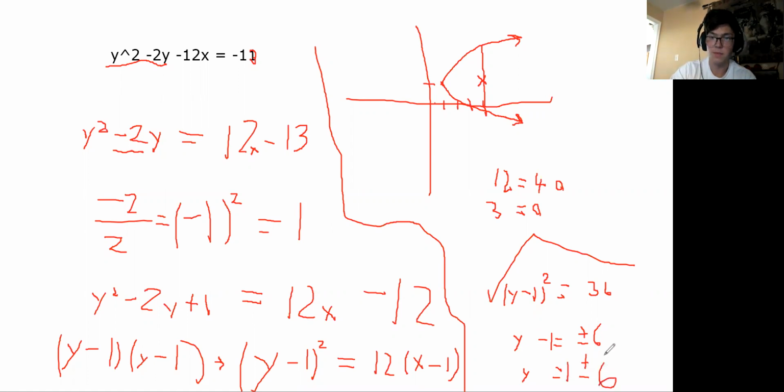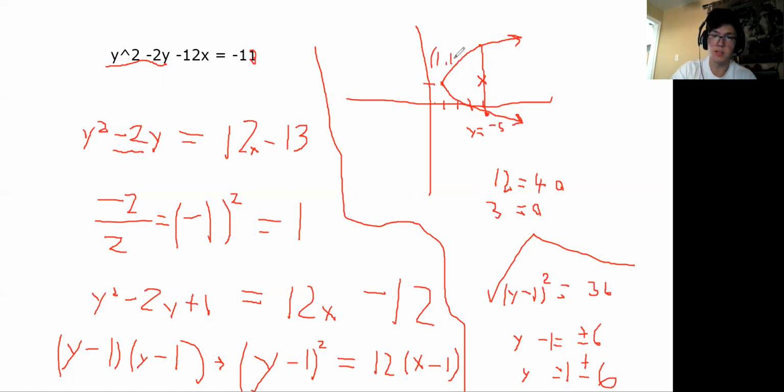Okay, so that's going to put me at y equals 7, and then y equals, ooh, very off in my drawing, negative 5 for the y there. Okay, so let's get some points going. We know the vertex is at 1, 1, and we get that from the h and k over here, negative 1 and negative 1.